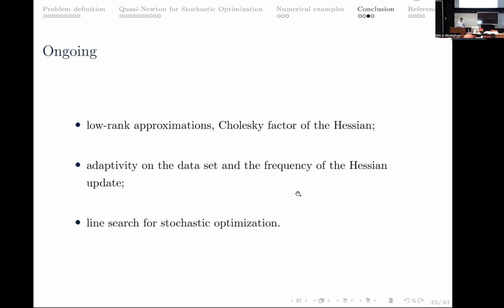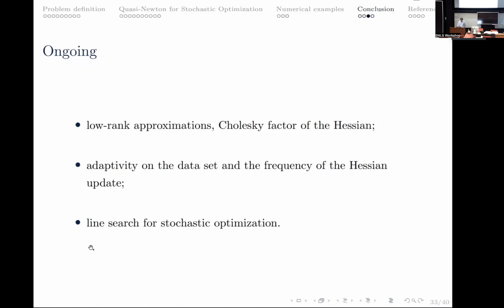Also, something that we didn't touch here is how to pick which curvature pairs Y and S we keep and which ones we discard, because we have finite memory, of course. And when should we do the Hessian update? Here we set a fixed number of iterations. Maybe we can do something more refined, do some tests to check if the approximation we have so far is good, to decide when to do the update.